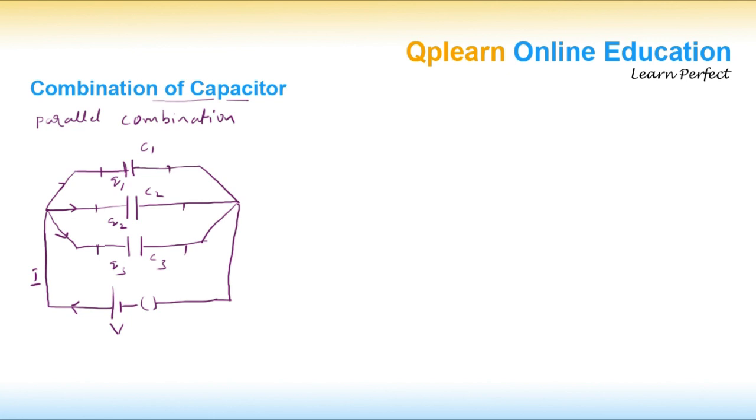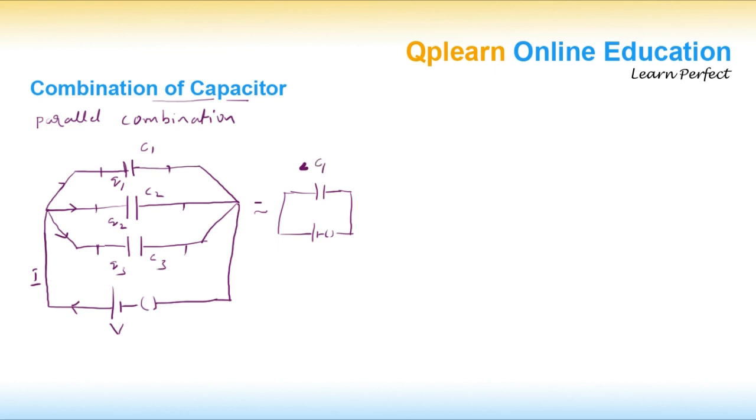The second point is the equivalent capacitance. What is equivalent capacitance? It is a single capacitor which can give the same effect as all the capacitors in the parallel combination. The work done by all these capacitors will be done by a single capacitor, which is called the equivalent capacitor.